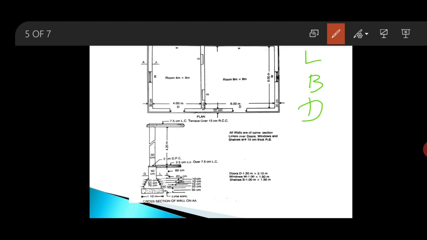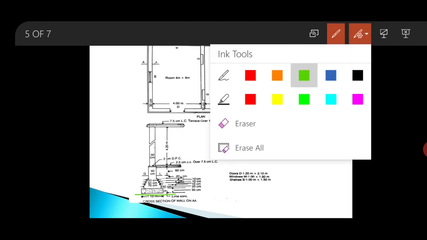So for this excavation work, the width of this excavation work will be equal to the width of the bottom of the foundation, because that much width of earth is to be excavated. Therefore, for calculation of long wall, first we will draw the plan of the building at this foundation level.